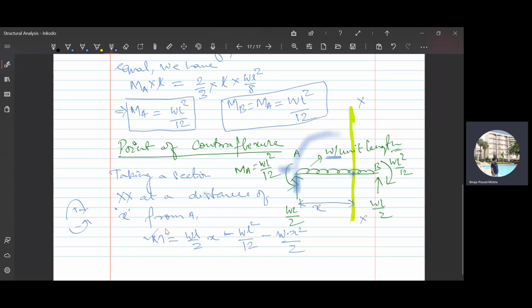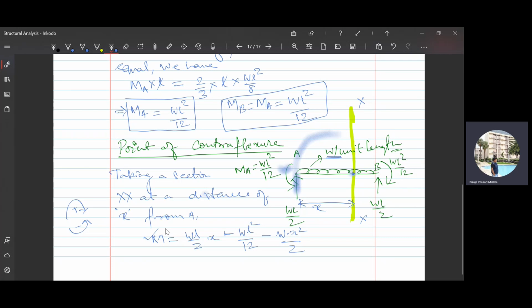You are not getting my point. What is the definition of point of contraflexure? It is the point at which the moment changes its sign or the moment is 0. So if I equate the moment at any section to 0, then the x value from that equation will give me the point of contraflexure.